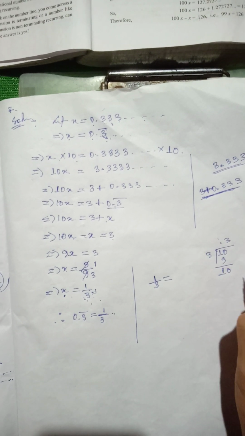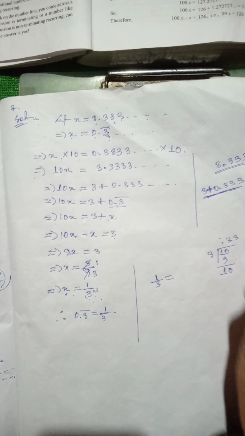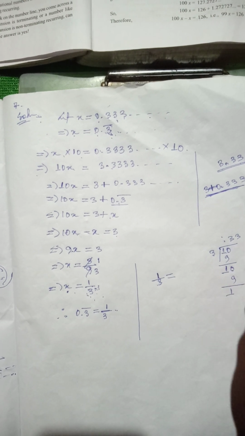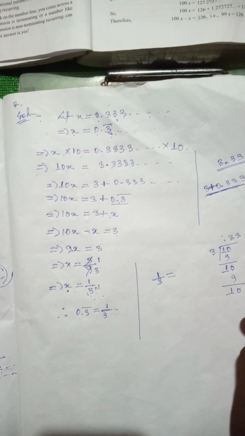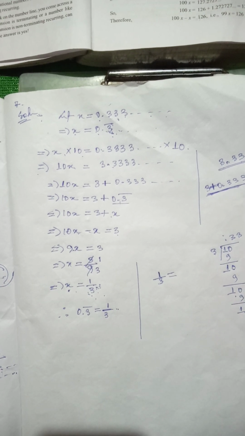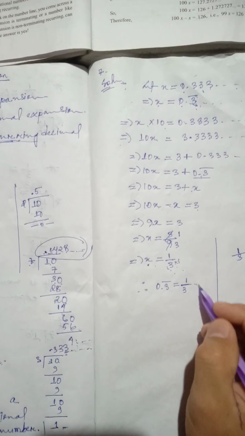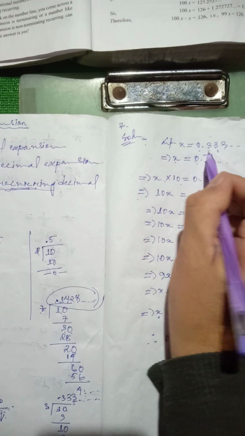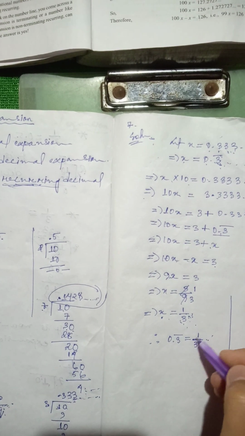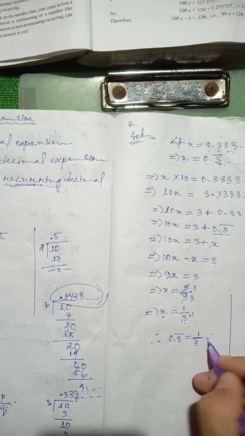Here it is a point, so it will be 0, and again 3 times 3 gives 9, so here it will be 1. 3 times 3 gives 9, and it will go on like this. So actually we got the same process here. By using this you can make some fractions, or make it in the form of p by q.